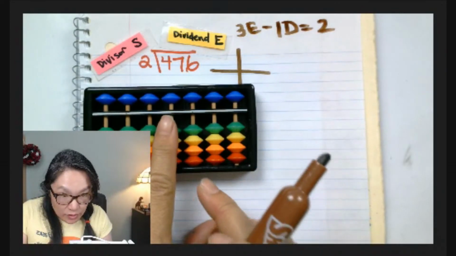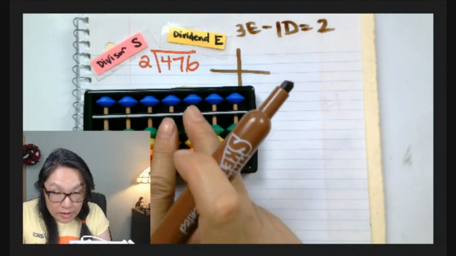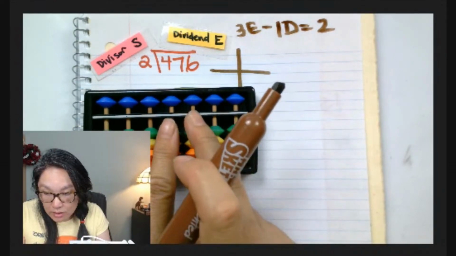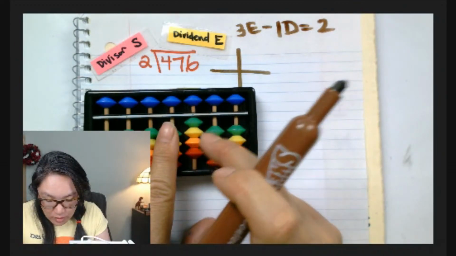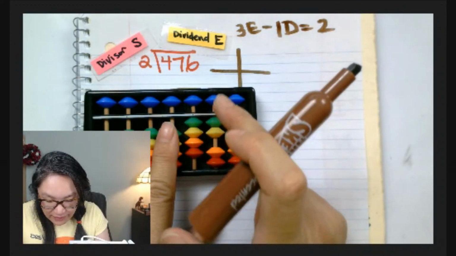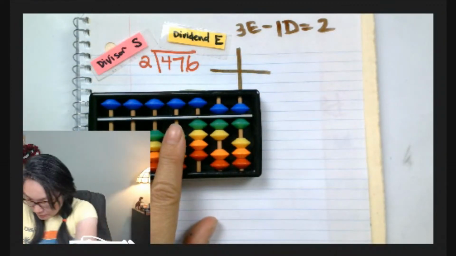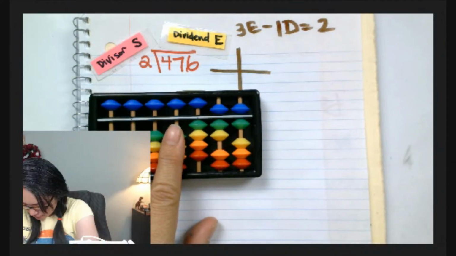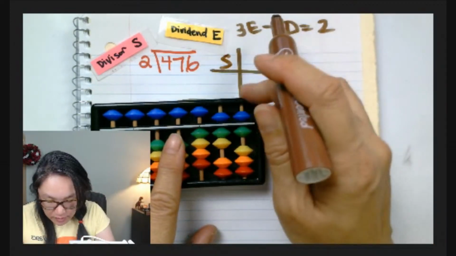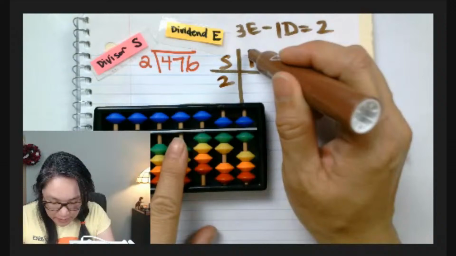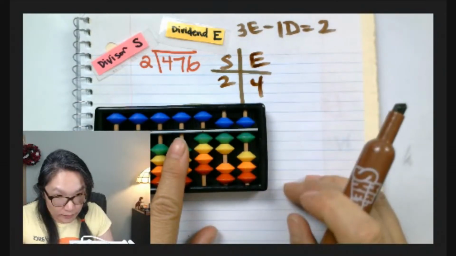Because our place value is 2, we're going to put our dividend on the abacus. So we have 4, 7, and then 6. Now we're going to multiply and subtract. Our divisor is 2. Our dividend is 4.